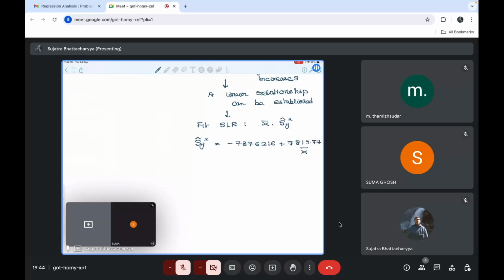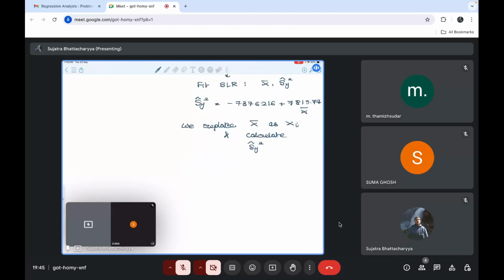Okay. Now, to calculate weights, what we do is we replace x bar as x, and calculate sy hat square.